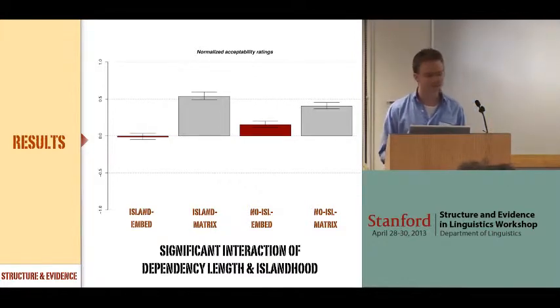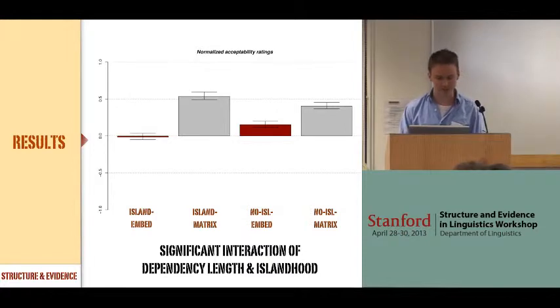And so this turns out to be an interaction of dependency length and islandhood. You notice also that the judgments here are about 0 on the scale, which means basically that for all of these sentences, the judgments are either at or above the mean across all of the items in the experiment on average.